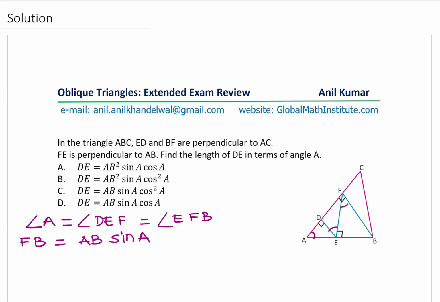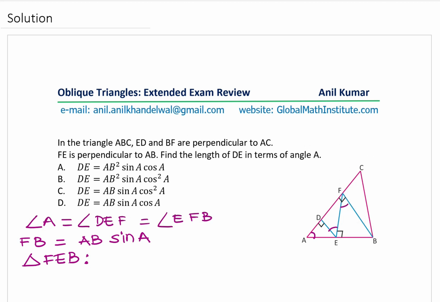Right. Now, let's consider the smaller triangle and have a look at the triangle FEB. In triangle FEB, how could we relate FE? Now, FE is on the adjacent side of angle A. So FE is adjacent, so it is cosine of FB.